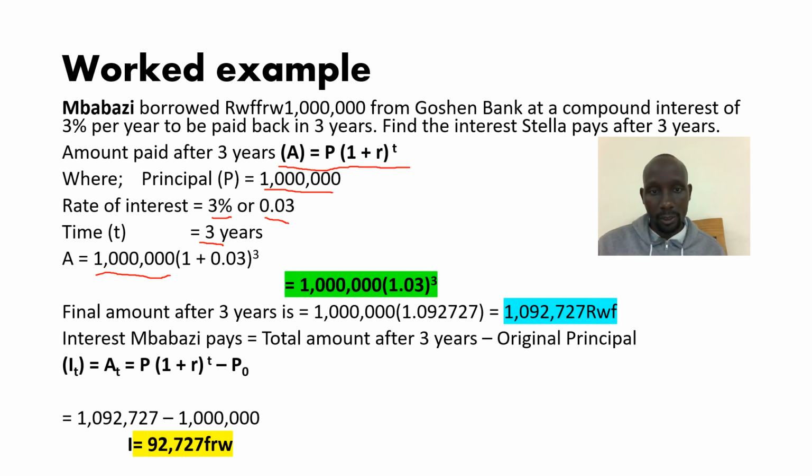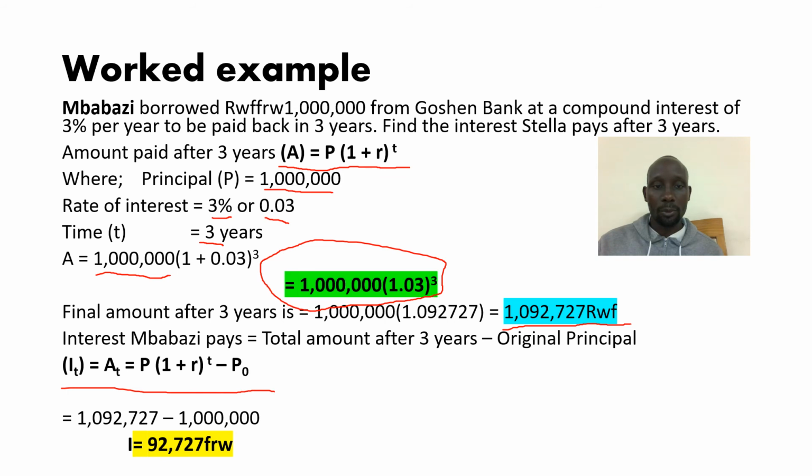So this one will give us this expression here. So the final amount after 3 years will be equal to, we have to multiply the 1 million by this bracket, which will give us 1,092,727 francs.